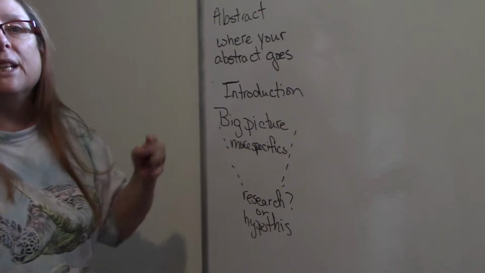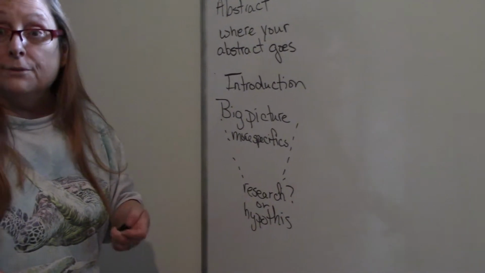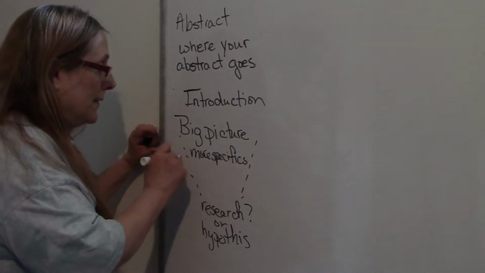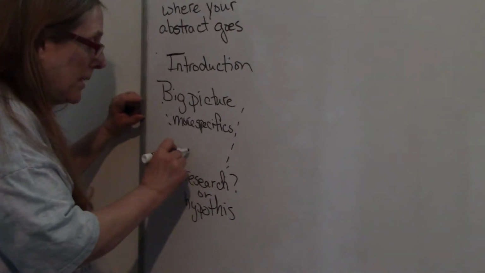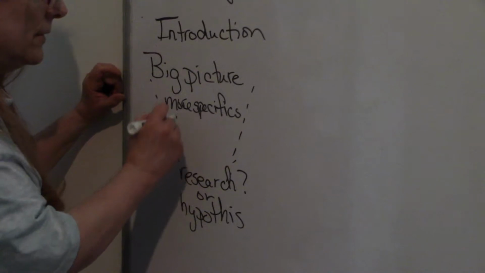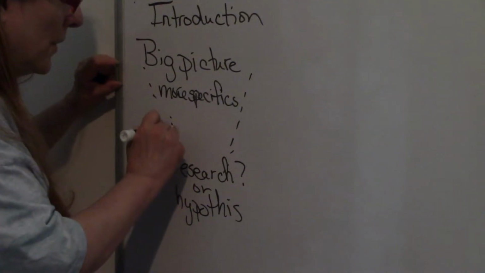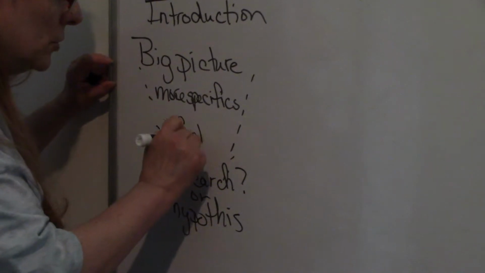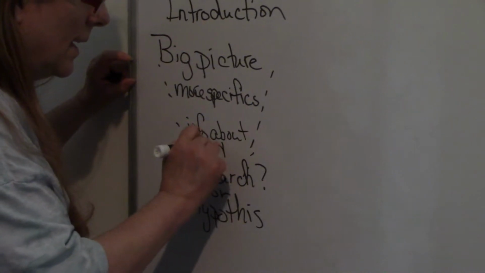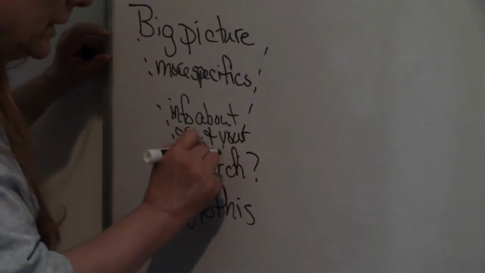So you'd probably look online for some research that might have been done in the past. And then your last paragraph, which would include your research question or your hypothesis, and that would be info about your organism and your specifics for what you're doing.